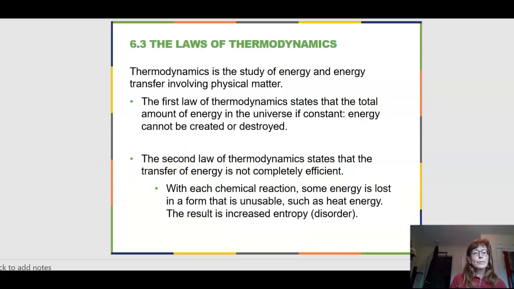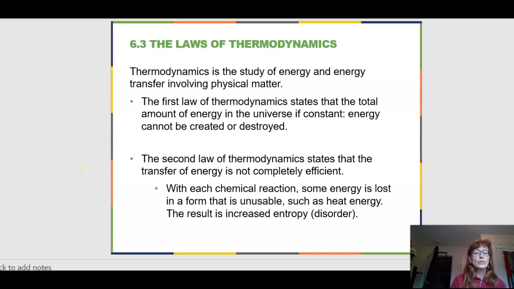Now, the laws of thermodynamics you spent a lot of time on, I think, in your physics class and probably even in your chemistry class. The only value in looking at this particularly is for some of the vocabulary that we've already used. So this idea of what is entropy, this concept of disorder, and what does it take to keep order in a system.